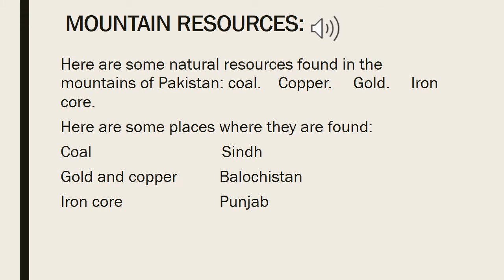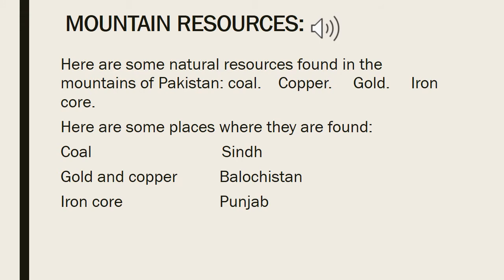Okay. Now exercise B is use the information above to color the map using the key. You have to color the map using the key, and you can also use the information that is given above. As you know that coal is found in Sindh, so you have to color Sindh the same color you colored in the box in front of coal.